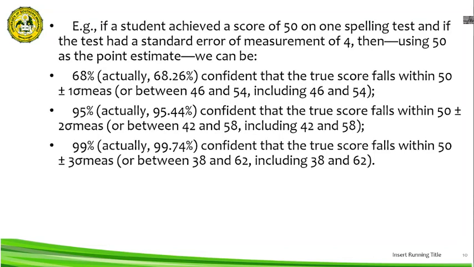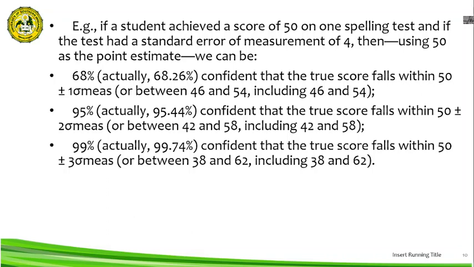So, if a student achieved a score of 50 on one spelling test and the test had a standard error of measurement of 4, then using 50 as the point estimate, we can be 68% confident that the true score falls within 50 plus or minus 1 standard error of measurement, or between 46 and 54, including 46 and 54.